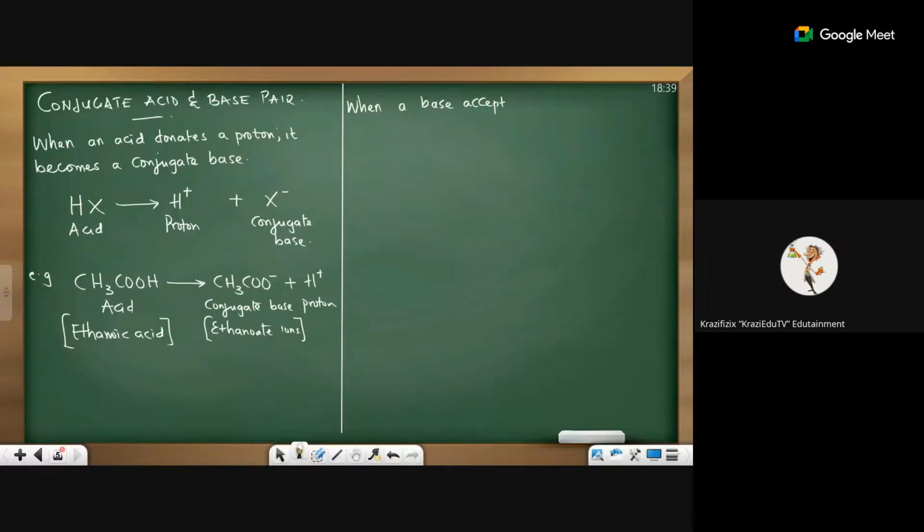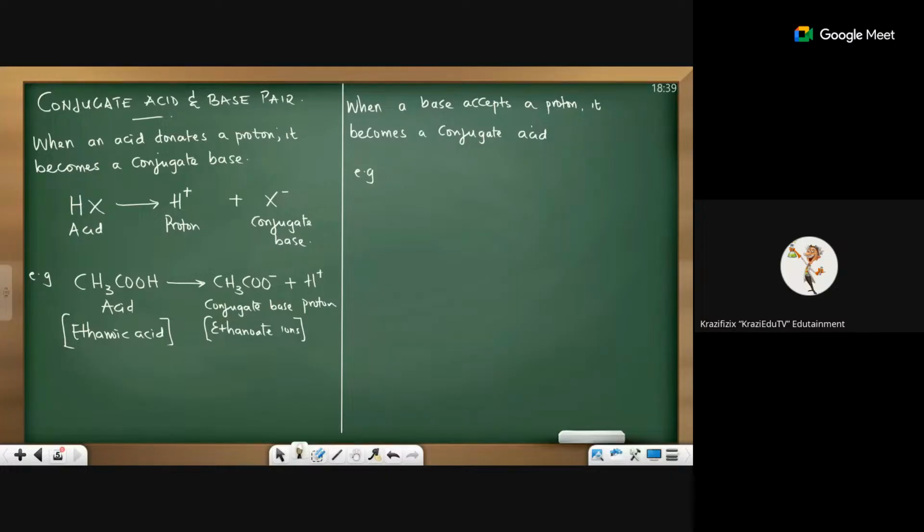It will accept a proton. It becomes a conjugate acid. When a base accepts a proton, then it will become a conjugate acid.